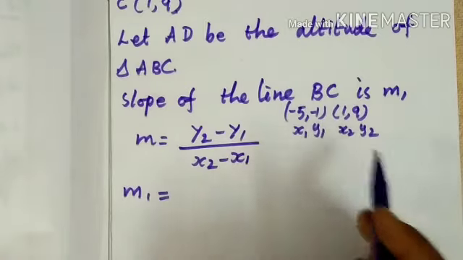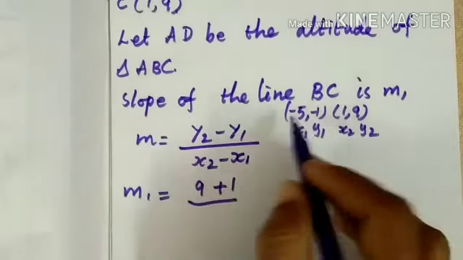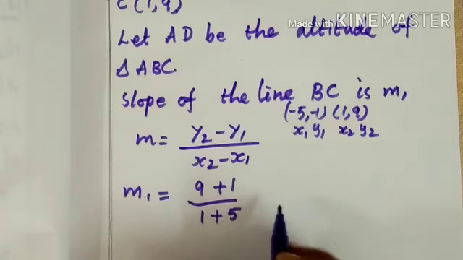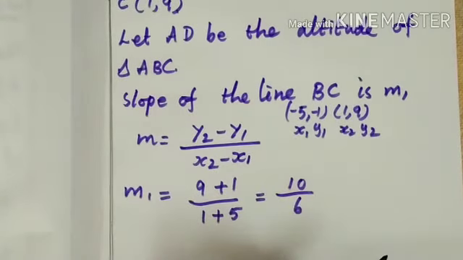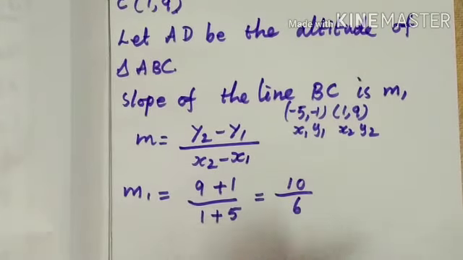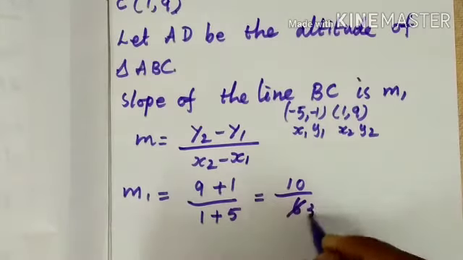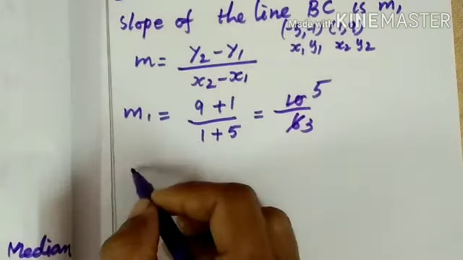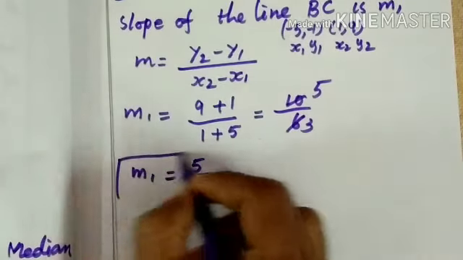That is y2 minus y1: 9 minus (-1), plus 1, by x2 minus x1: 1 minus (-5), plus 5. That is equal to 9 plus 1, 10; 1 plus 5, 6. Now you have to cancel by 2, and we get 5 by 3. Therefore, slope of the line BC, that is M1, is equal to 5 by 3.